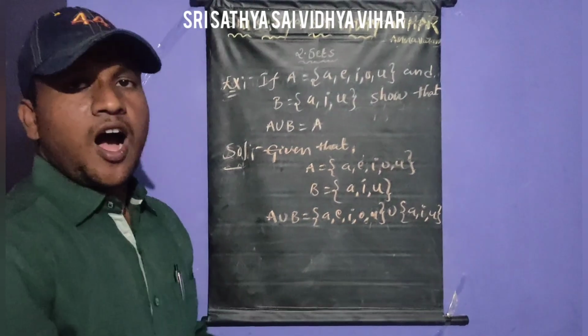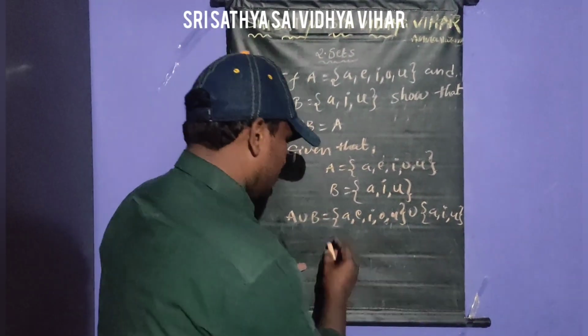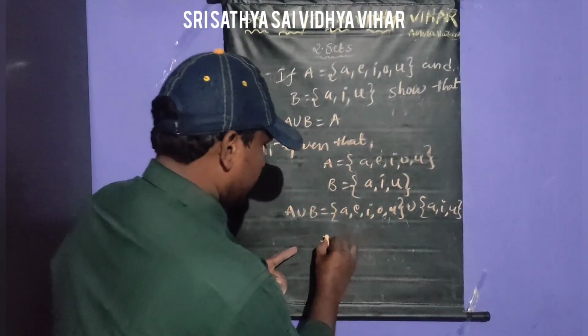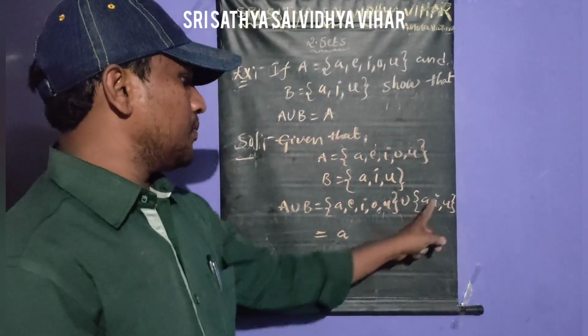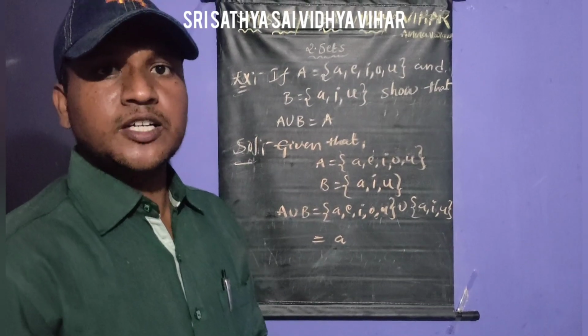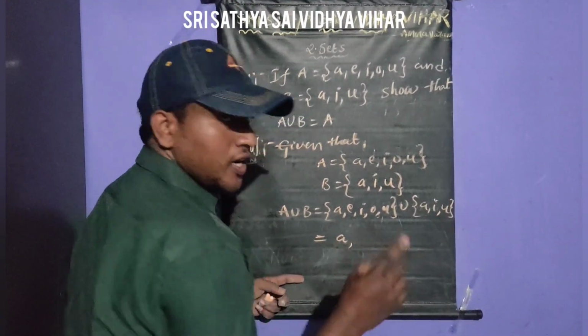Write all elements of set A and B in combination. Combine, first A. Here the repeated elements in set B are a, i, u. Elements don't repeat, so we can write them one time only.